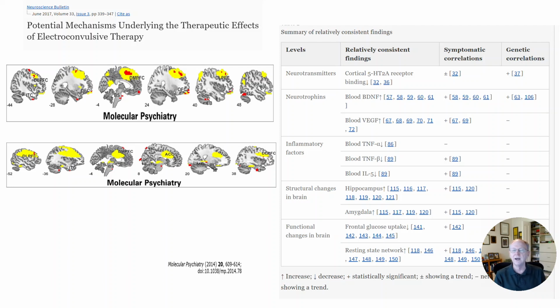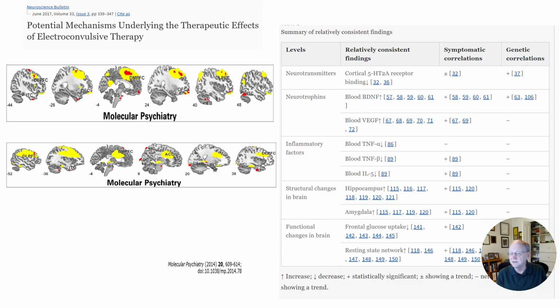On the right, we see a number of findings, all of which tend to normalize the functioning of either the brain or the body. So we see decreases in 5-HT2 receptor binding, increases in brain-derived neurotrophic factor, and we talked about its role in neurogenesis. We see decreases in the inflammatory factors.